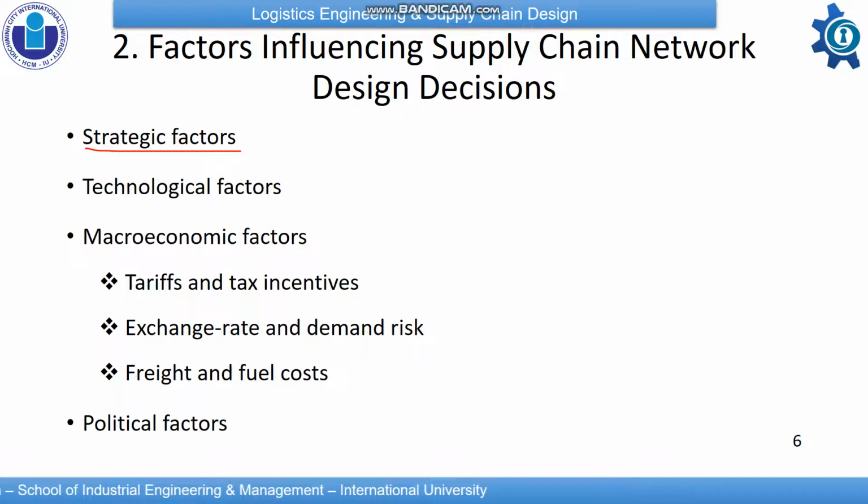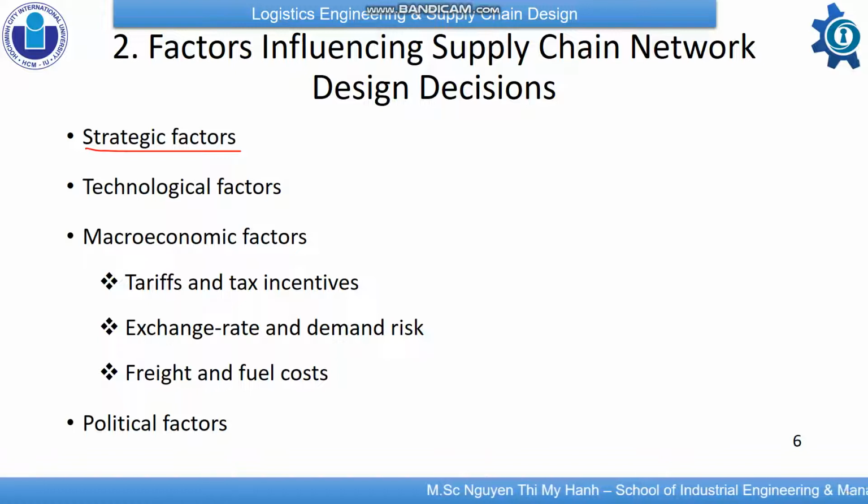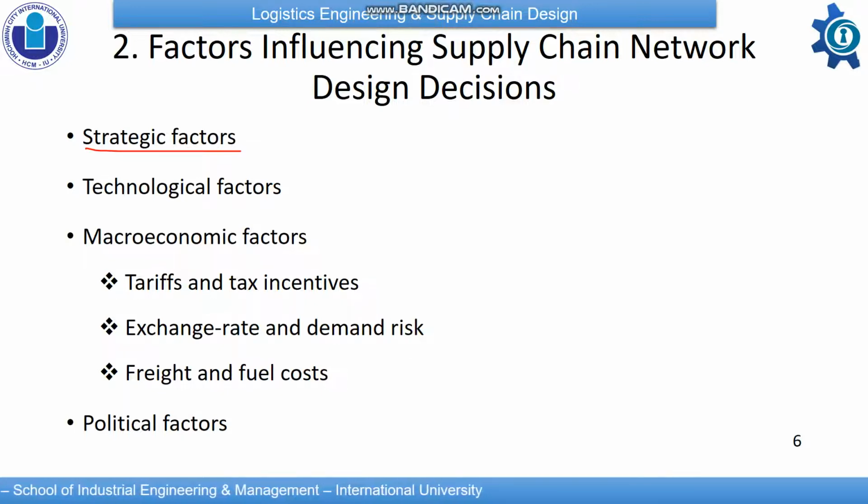So the geographic area covered by one warehouse club or discount store may include dozens of convenience stores. Let me give you an example.